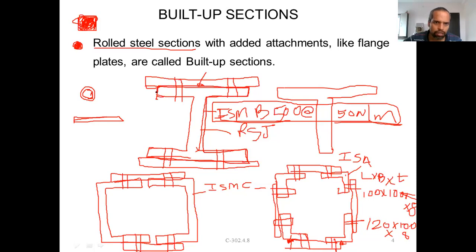The properties of these sections are readily available in steel tables: moment of inertia about the x axis, moment of inertia about the y axis, centroidal distance, overall height, flange thickness, web thickness, root dimension, least radius of gyration, and radius of gyration along x and along y. Almost all the properties that are required are available for this section.